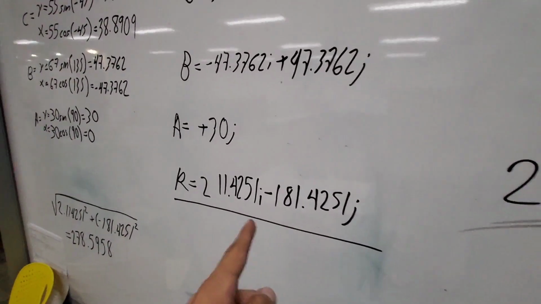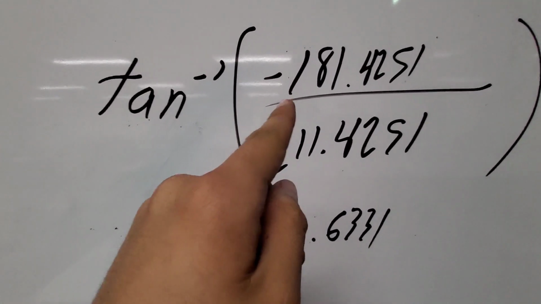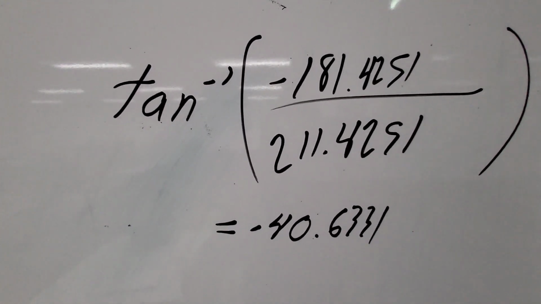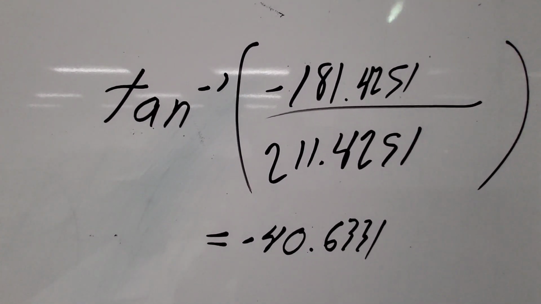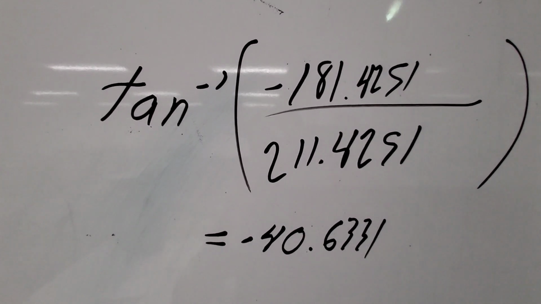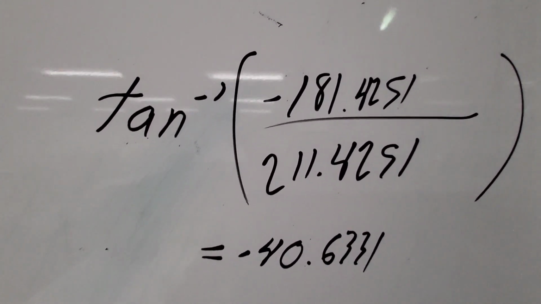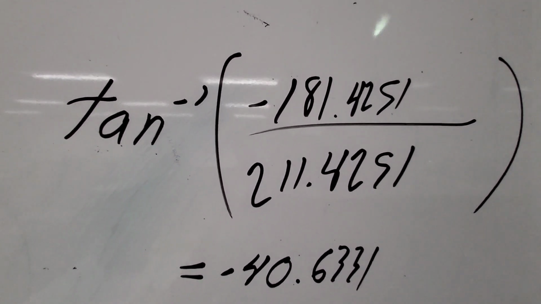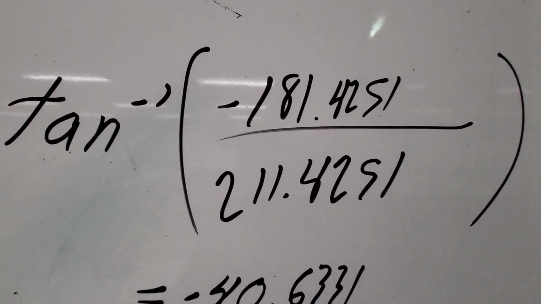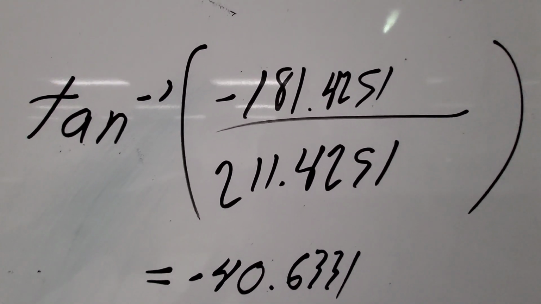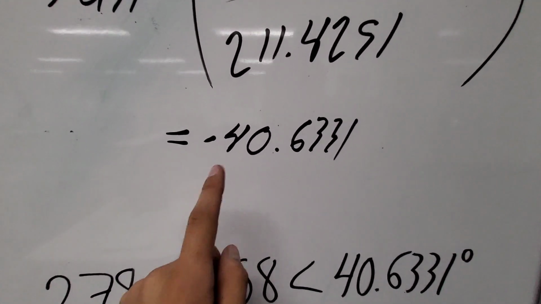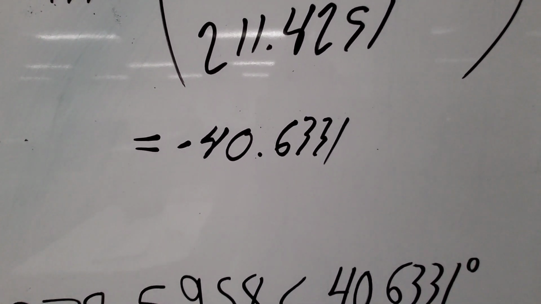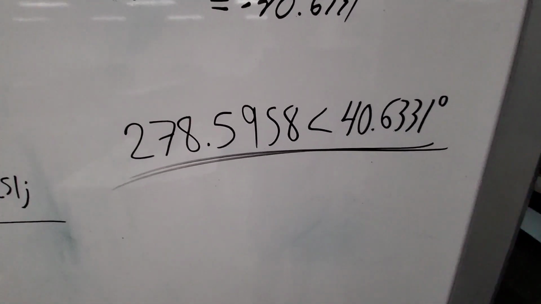In this case, minus 1,081.4251 divided by 2,114.291, and in this case the result is minus 40.6331, and this is our result.